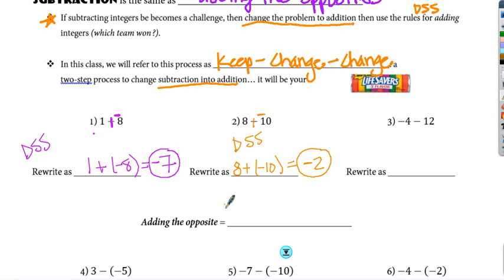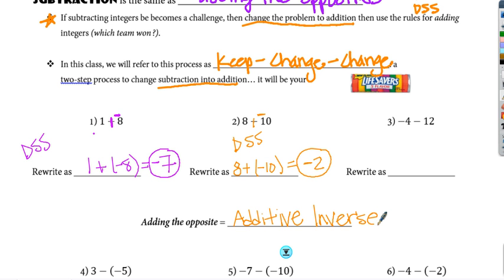This is just another fancy way of saying adding the opposites. What would be another nicer and more professional way of saying adding opposites? It's called, and this is a word that you already know, additive inverse.